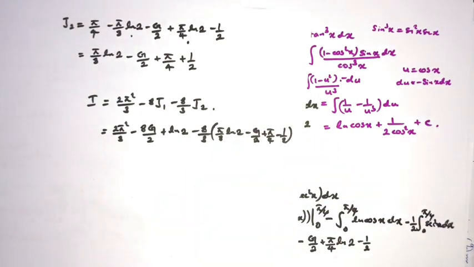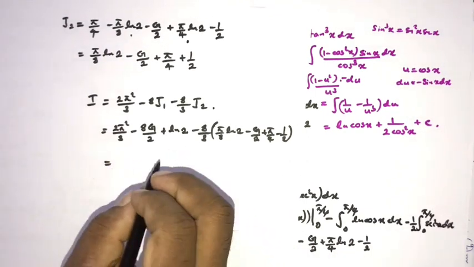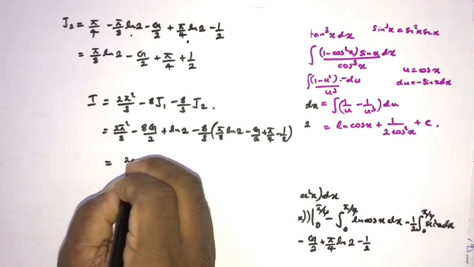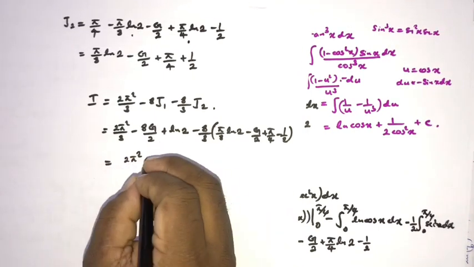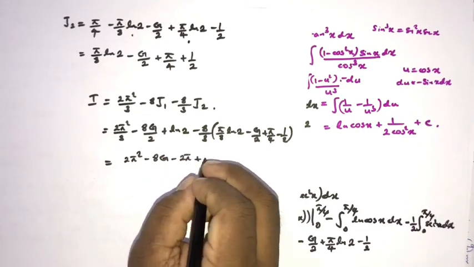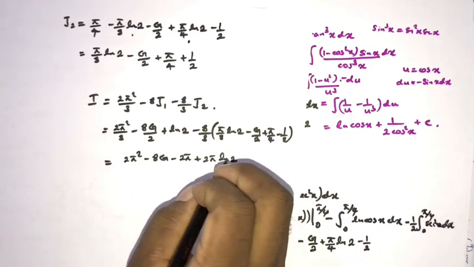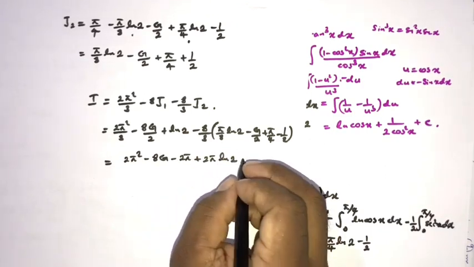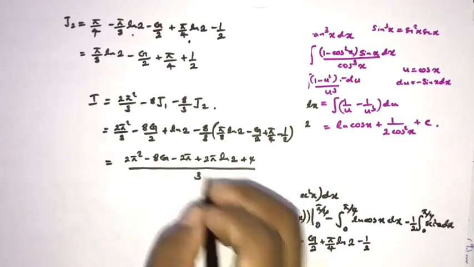Now we can simplify this. So if we simplify, we have pi square minus 8 times G, so minus 8 times G minus 2 times pi plus 2 times pi natural log of 2 plus 4 over 3. Okay, this is the answer.